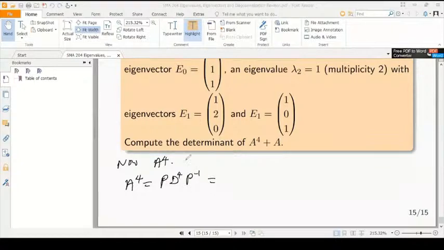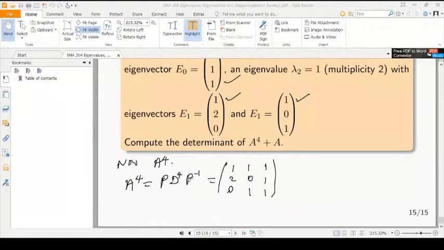We found P by arranging these eigenvectors as columns, and our P was 1, 2, 0, and then 1, 0, 1, and this was 1, 1, 1.